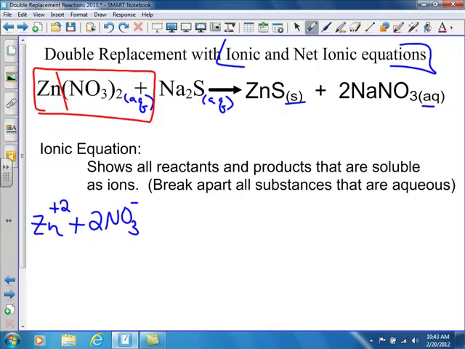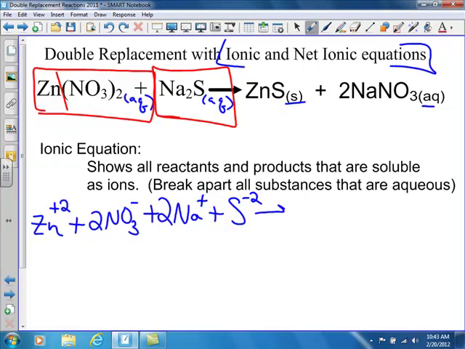So it's a lot like the solubility equations that we just wrote, except we're not writing every little thing out. And then that is plus this substance, which is Na plus plus S 2 minus, but I have 2 Na pluses there. Now, that is the first half of our ionic equation.